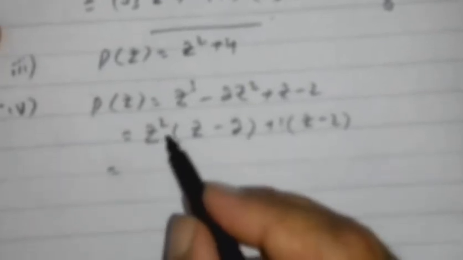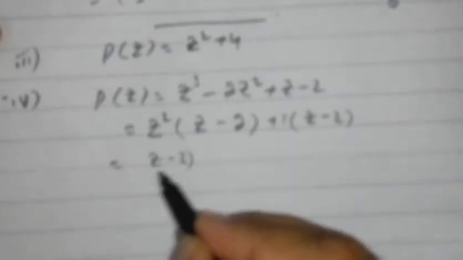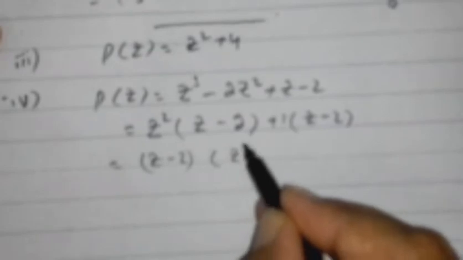So take z square common from these two terms. Here remains z and here minus 2. Take 1 common, z minus 2. Now take z minus 2 common from these two. Z minus 2. Here remains z square plus 1.